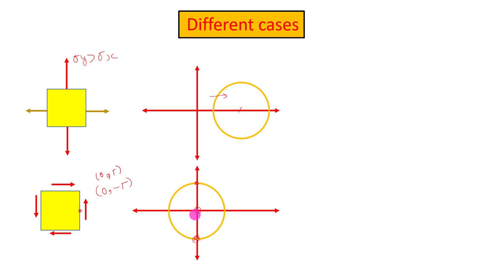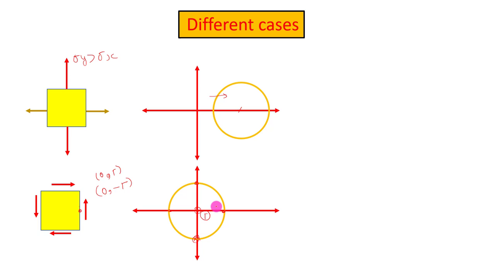So this circle is passing through the origin, which means the center of this Mohr circle will be the origin, and the radius of this Mohr circle will be equal to tau only. For a pure shear case, you can see the principal stresses are also equal to tau.